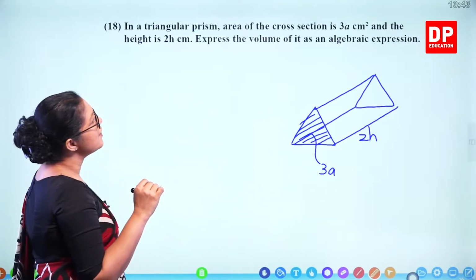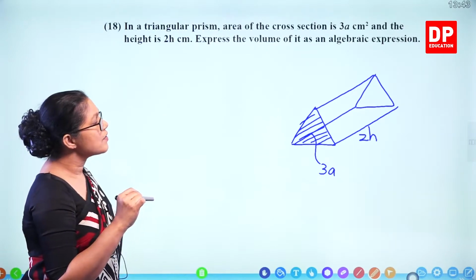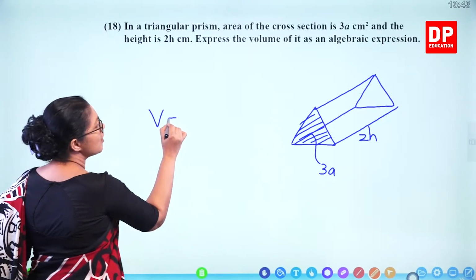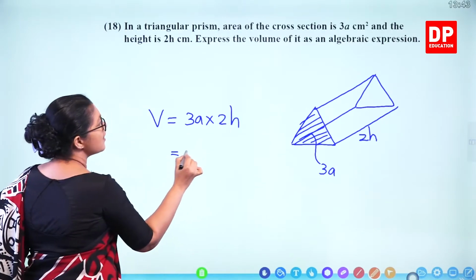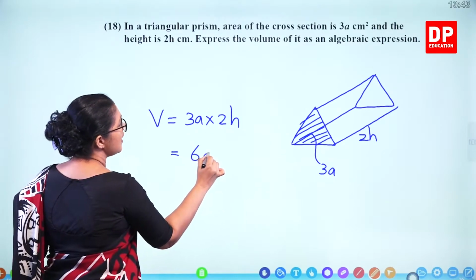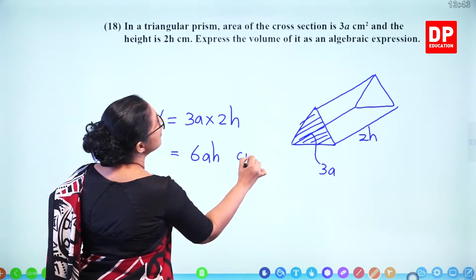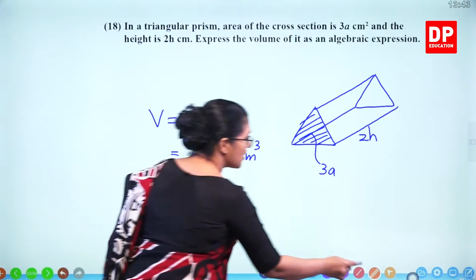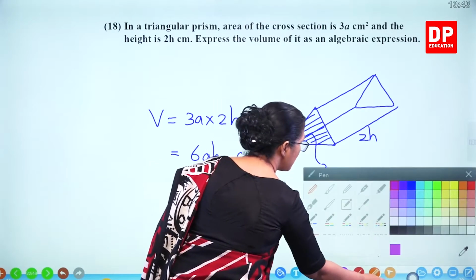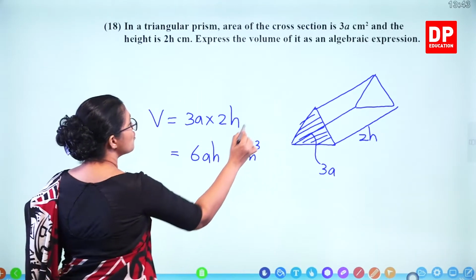Express the volume as an algebraic expression. So volume equals 3a times 2h. So you get 3 times 2, 6ah cubic centimeters. So that's an expression in terms of a and h. So 2 marks.